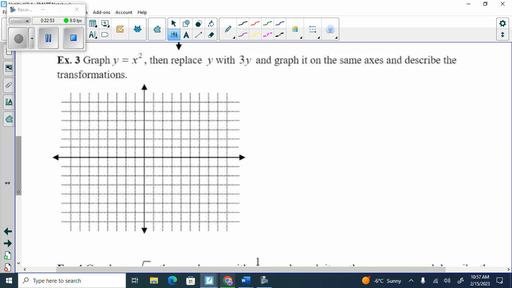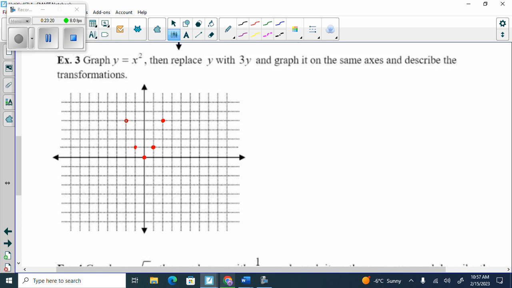So type in y equals x squared. It's your base, it's your parent function of the x squared graph from grade 11. And you could press graph and see what it looks like. It looks like it has a minimum on 0, 0, right? So I can go second table, second graph, and it tells me it's 0, 0, 1, 1, 2, 4, negative 1, 1, negative 2, 4.